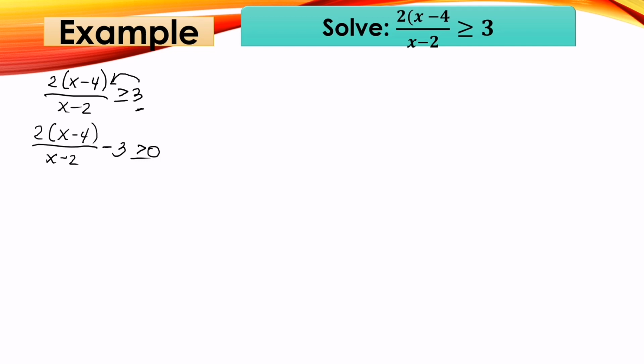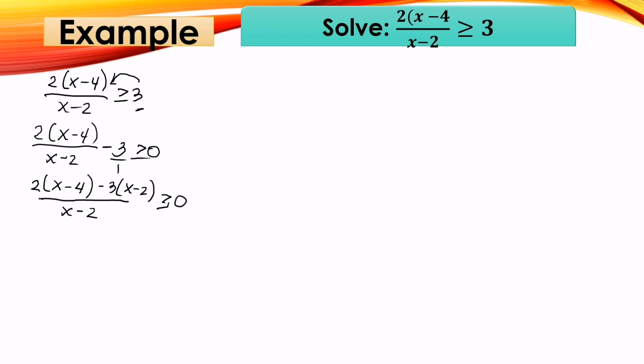Then, rewrite this into single rational by getting the LCD, which is x minus 2. Then after that, your LCD, divide by the denominator. So, x minus 2 divided by x minus 2 is 1. And then, multiply by the numerator. So, 2 times x minus 4. Then, x minus 2 divided by 1 is x minus 2 times negative 3 is greater than or equal to 0.